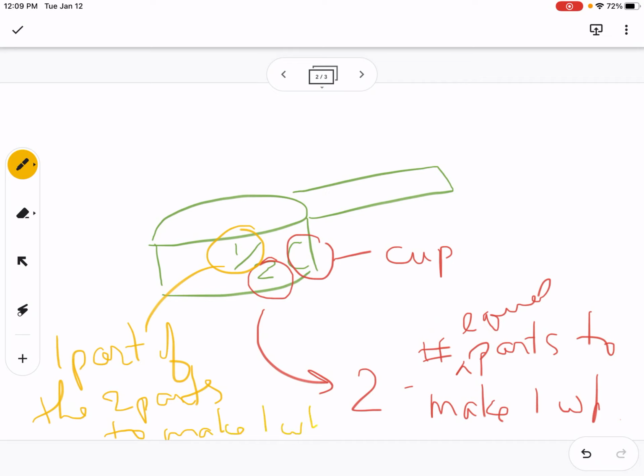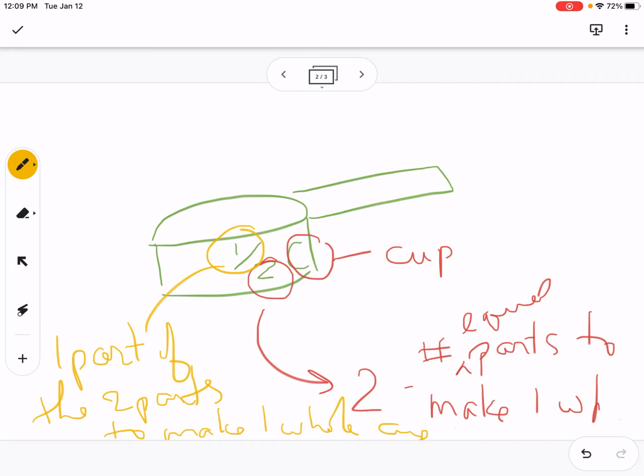1 whole cup. So if I imagine going into the bag of flour and taking one of these scoops out, how much flour do I have? Well, I've got 1 scoop. That's what the 1 on top tells me. And the size of that scoop is the size that 2 of them would make a whole cup.